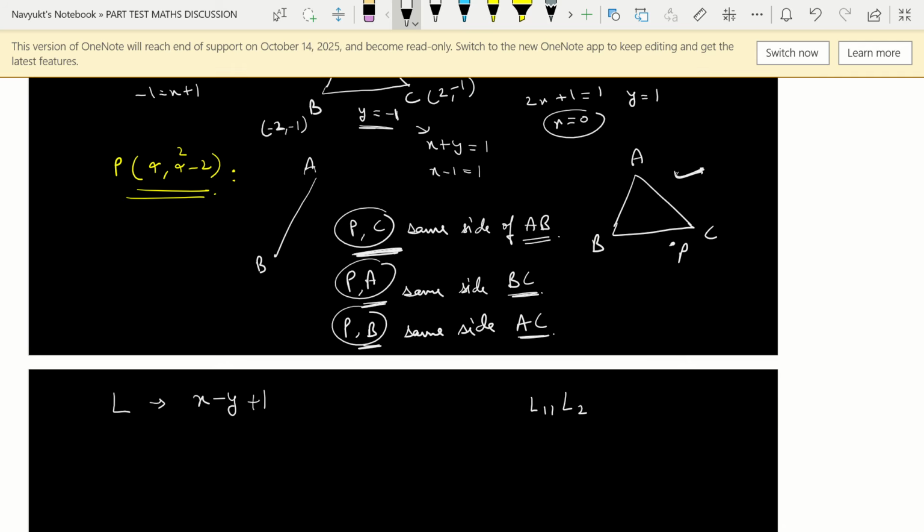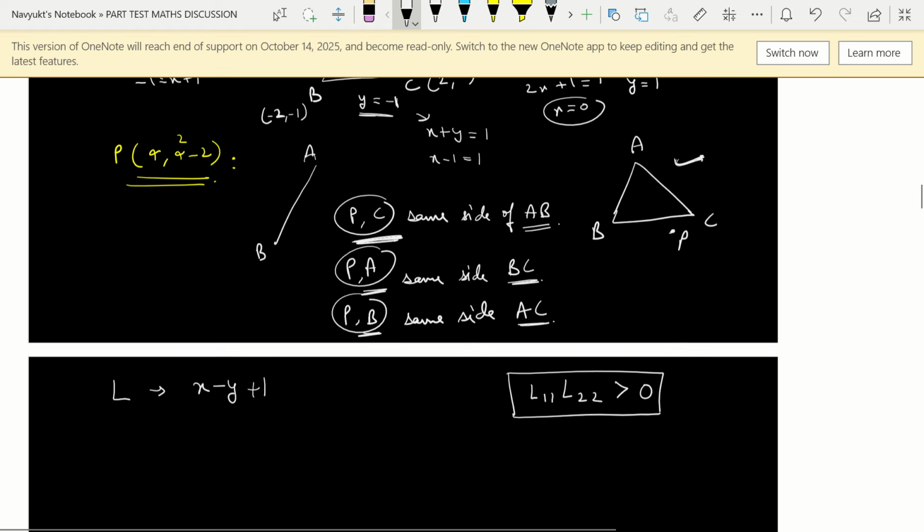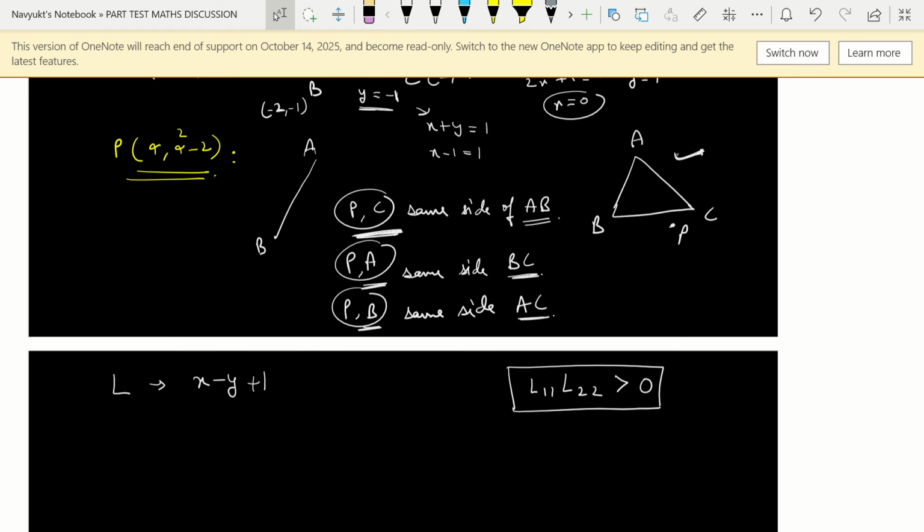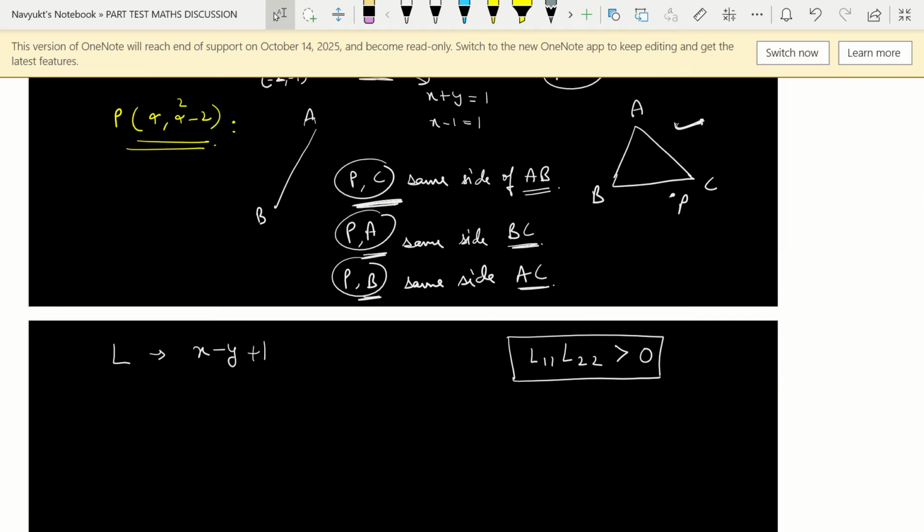L11 into L22 should be greater than 0 for both (x1, y1) and (x2, y2) to lie on the same side of the respective line, correct? If this is less than 0, then they are on opposite sides. So first of all we are taking line AB, right? So we'll put points P and C in this.